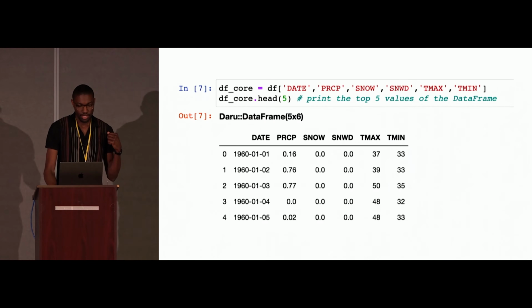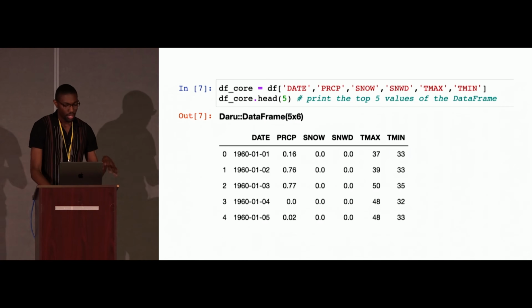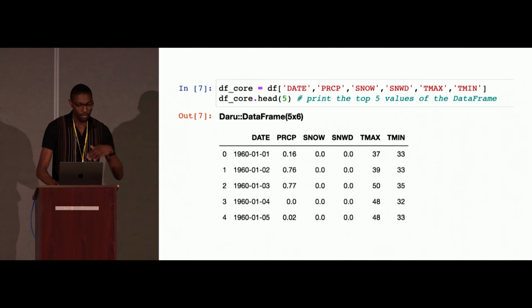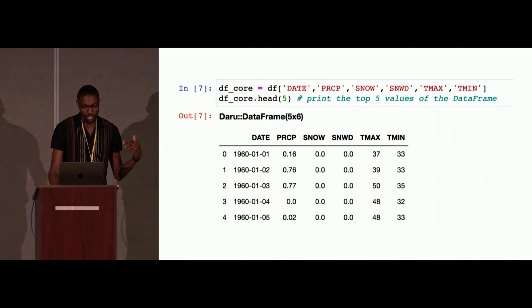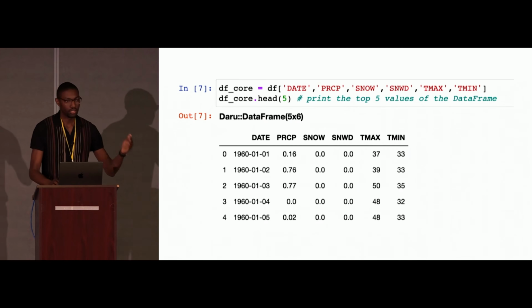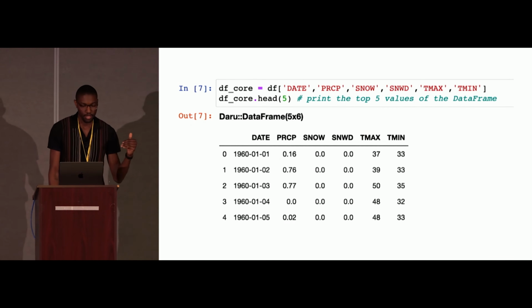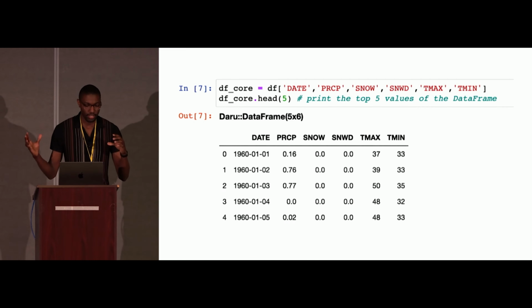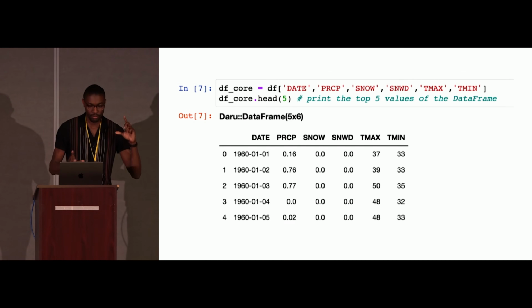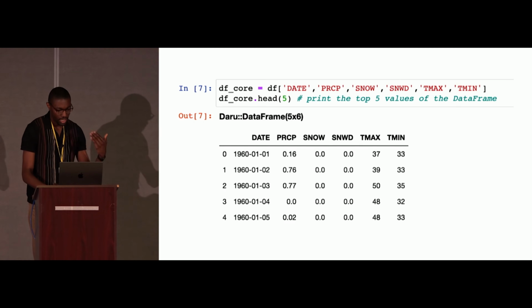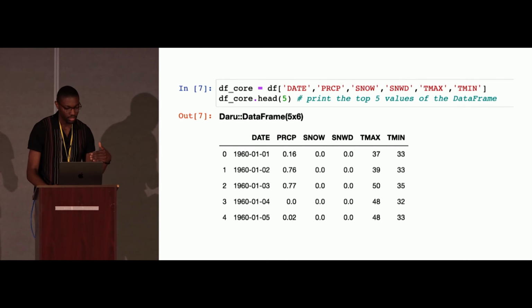So I'm going to go ahead and create a new data frame. I'm going to drop all the other columns, and then this .head method will just look at the top 5 rows in that data frame, and it's basically like the CSV file columnar data. So it just kind of gives you an overview of what the data looks like.